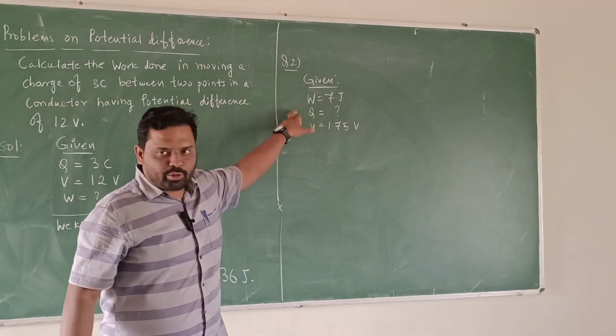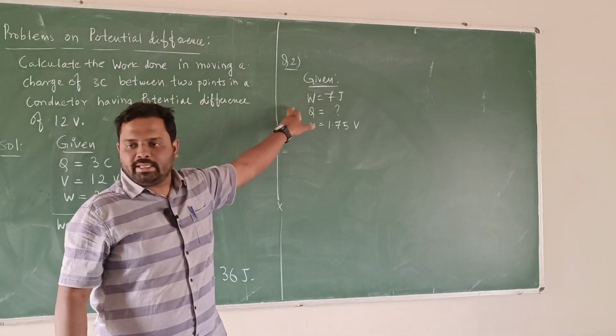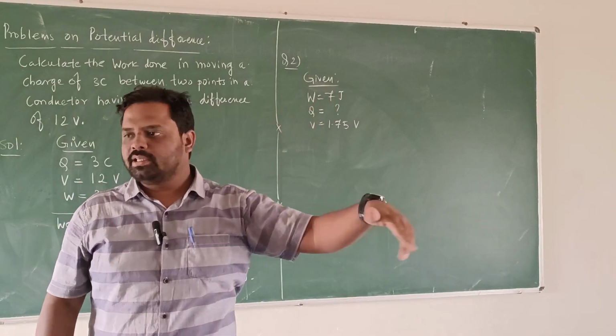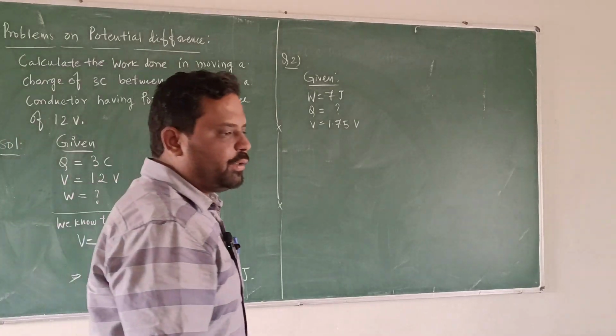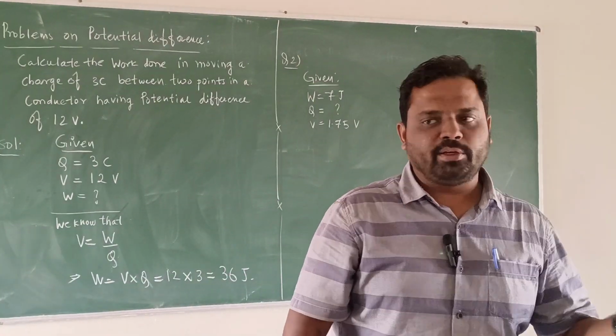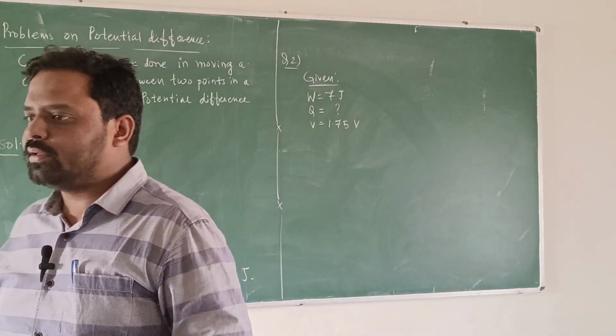Calculate the amount of charge. First you have to calculate the charge. If you are able to calculate charge, the problem is half solved. Then you know how many electrons are present in 1 coulomb of charge, then you can multiply and find it out.